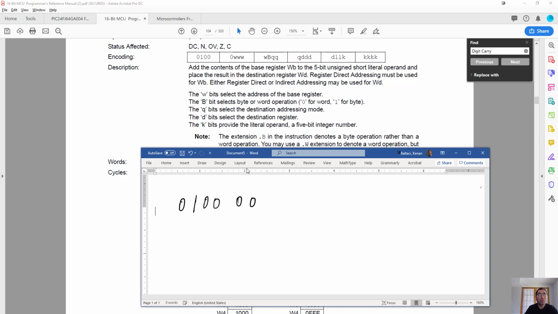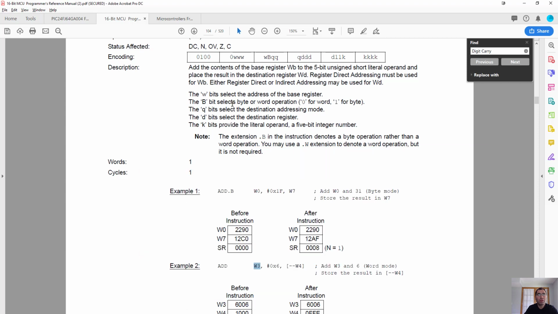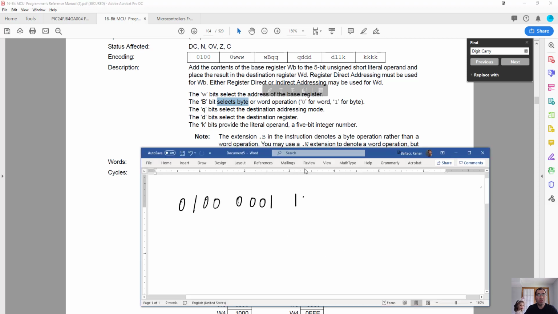So 0, 0, 1, 1. And then B is going to be 0 because this is a word operation. So capital B, the explanation is here, so B is going to be 0.